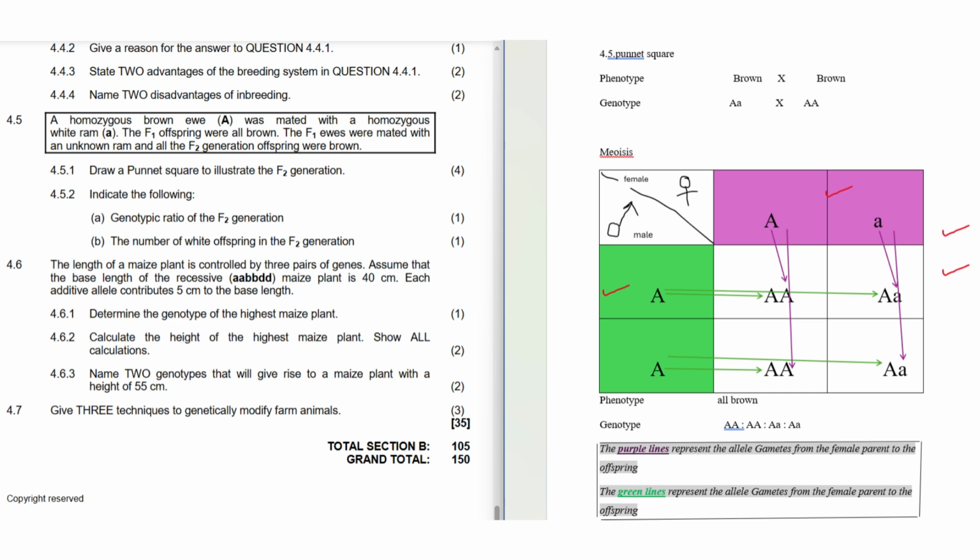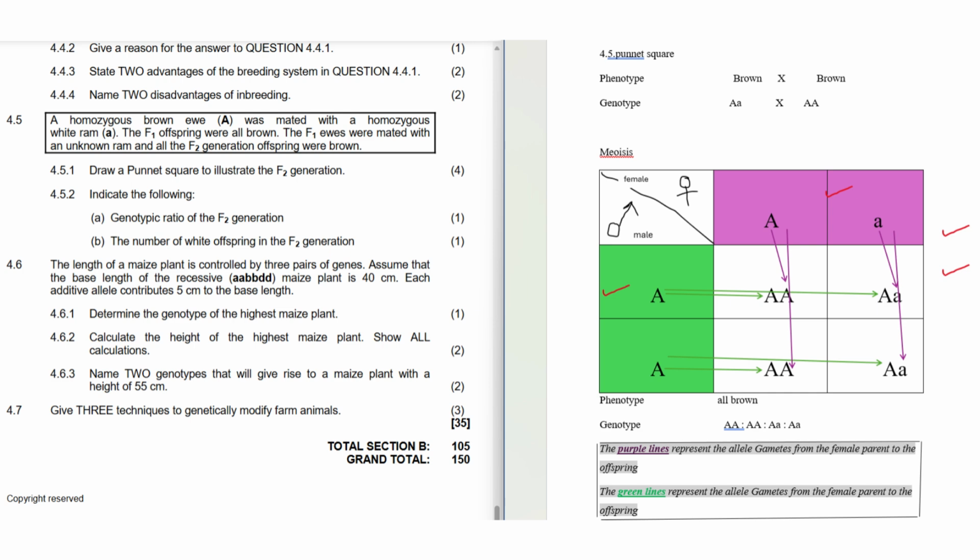Now, this unknown ram, the male, has to have a homozygous dominant genotype, so that it can produce gametes with dominant A and dominant A, so that they can mask the recessive allele of the mother, the female cow.